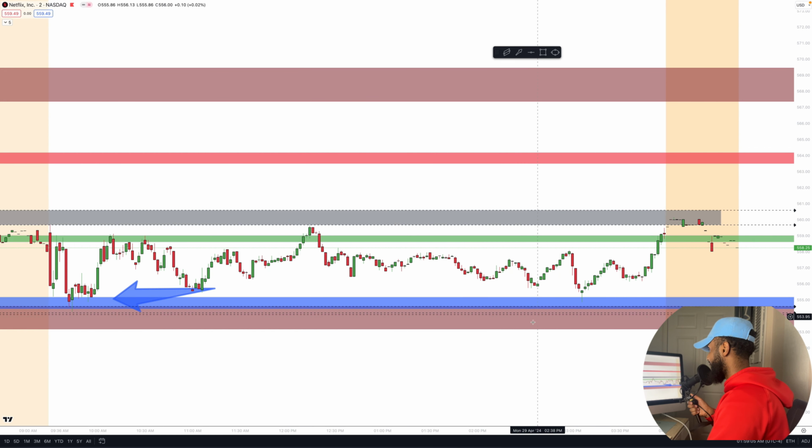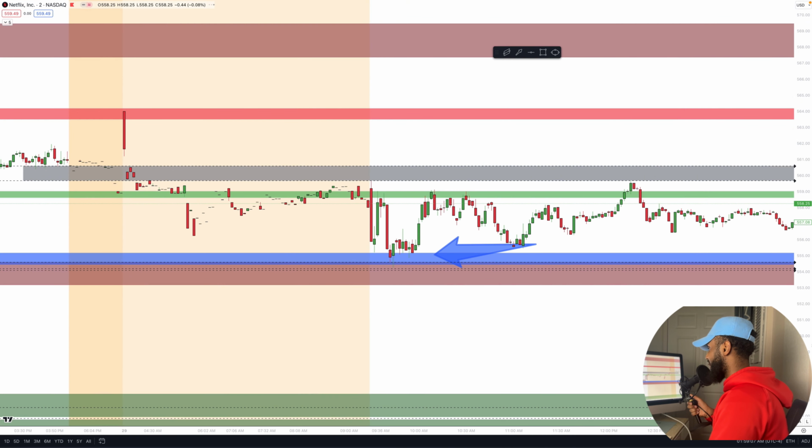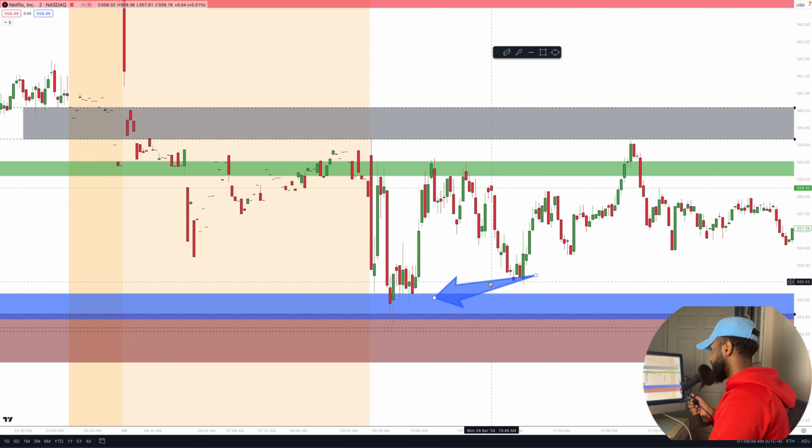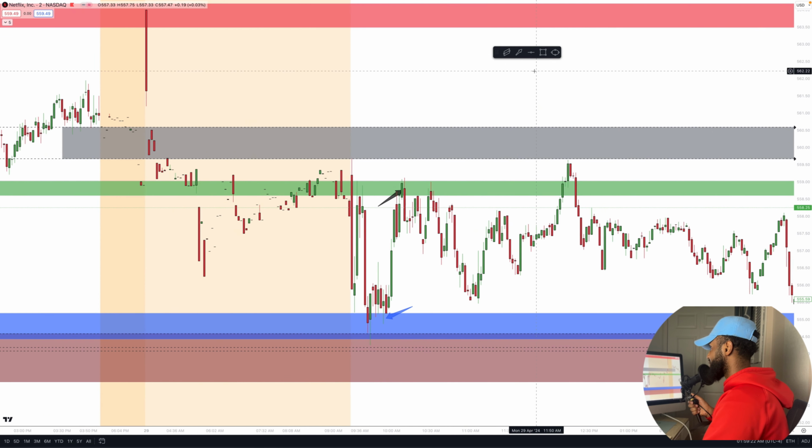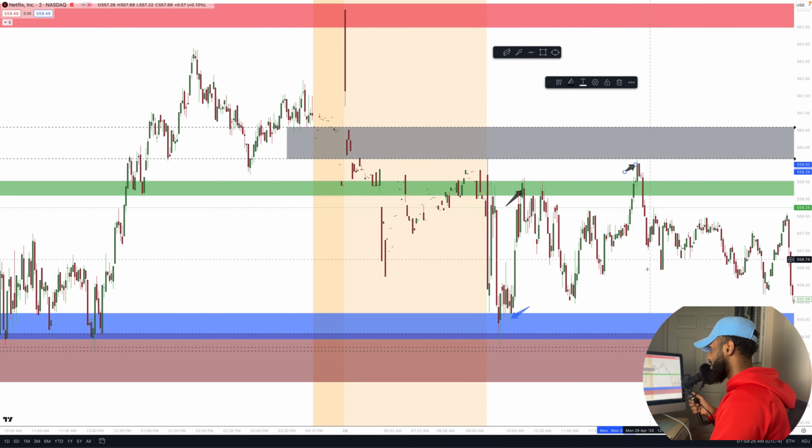And if we look at Netflix, this is where I took my position about right here, and I ended up selling at about 559, which is right there. And I sold another small bit as we broke out of that 559 zone.